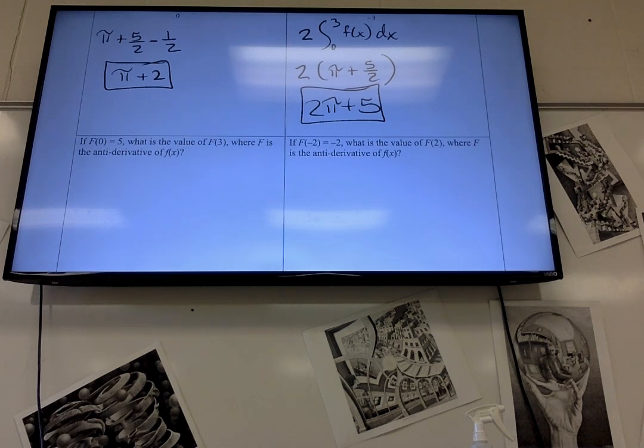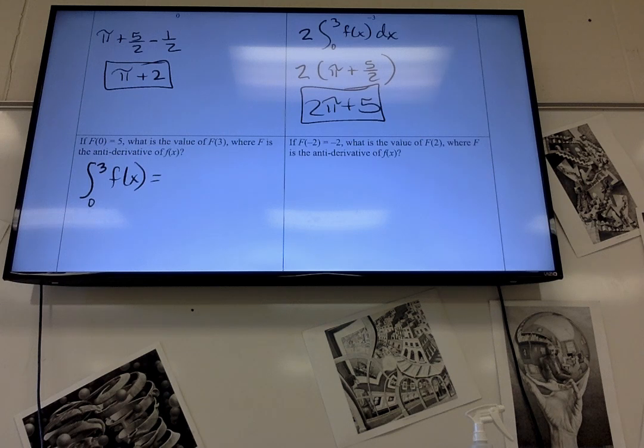So the antiderivative of f at 0 is 5. That's what that's saying. What is the value of capital F of 3, where F is the antiderivative of f of x? Since you have the numbers for the antiderivative at 0 and 3, we do the antiderivative from 0 to 3.